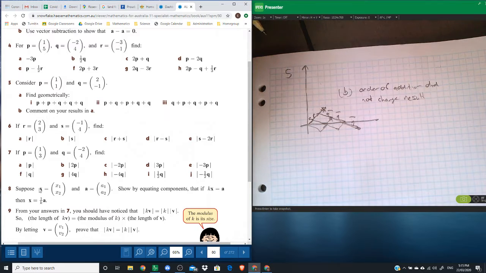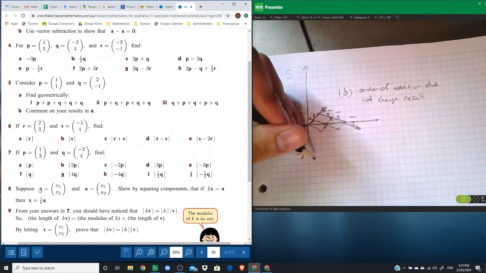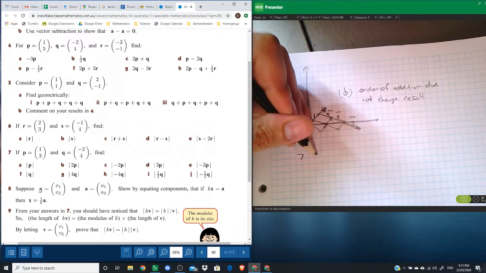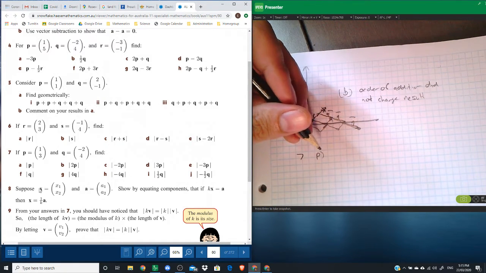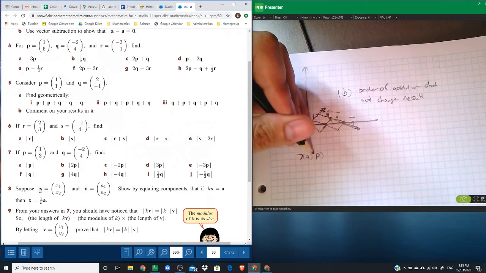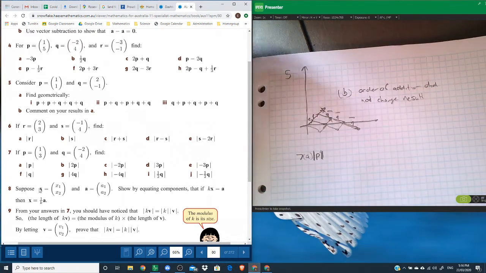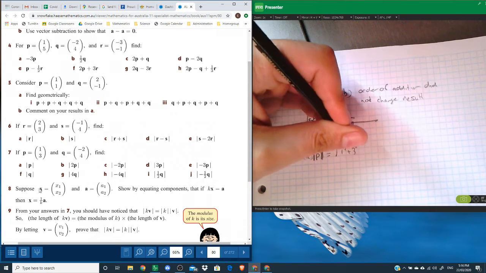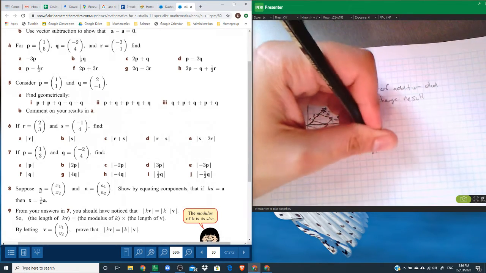Let's have a look at some of the other questions. I'll pick a couple out of question 7. I've already done lengths. A is the modulus of P, which would be 1 squared plus 3 squared, equals the square root of 10.